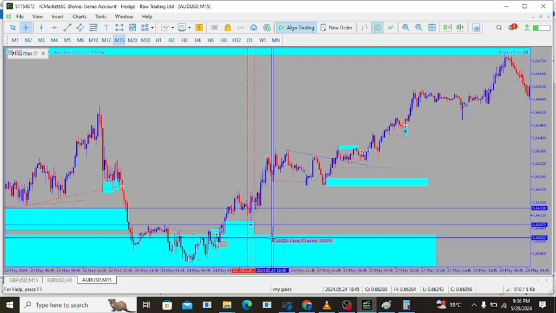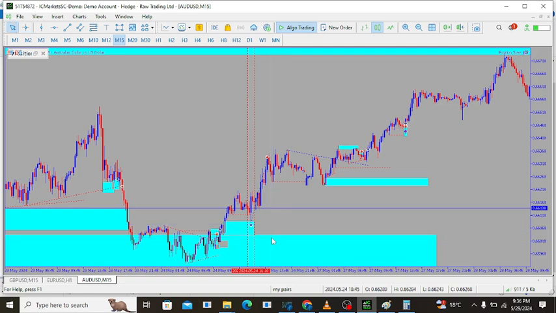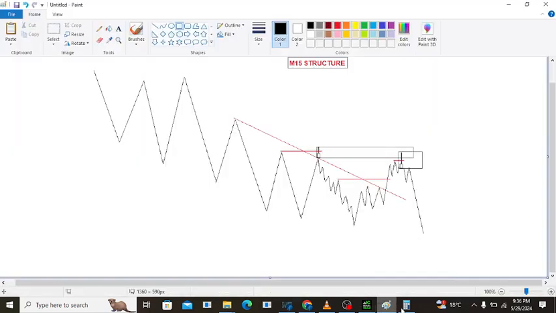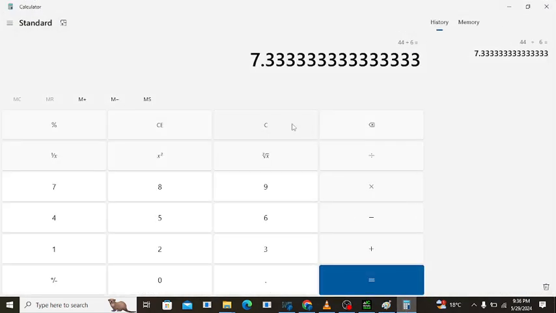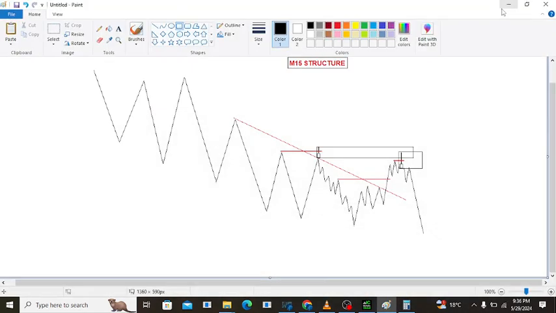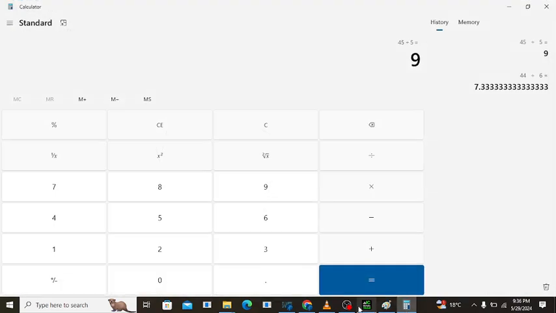No, it was a 5 pip stop loss. Let's say 45 divided by 5. Yeah. Almost 1 is to 10.